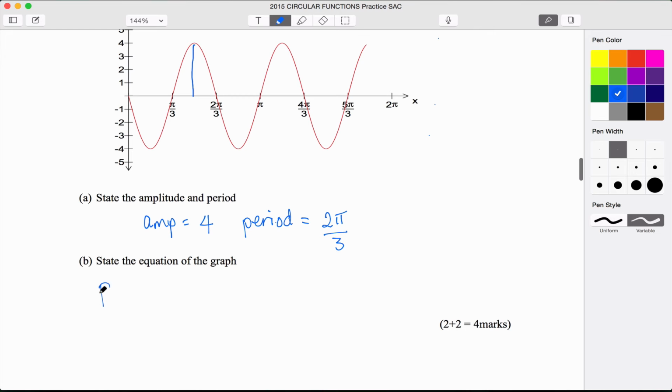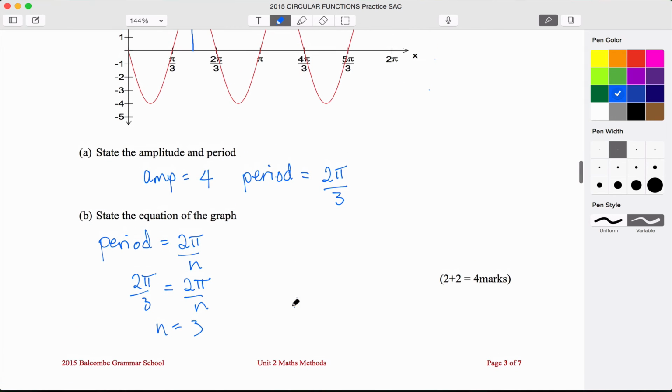State the equation of the graph. Using our period formula again, period equals 2 pi over n. We know the period is 2 pi over 3. So n equals 3. And we've got the amplitude.